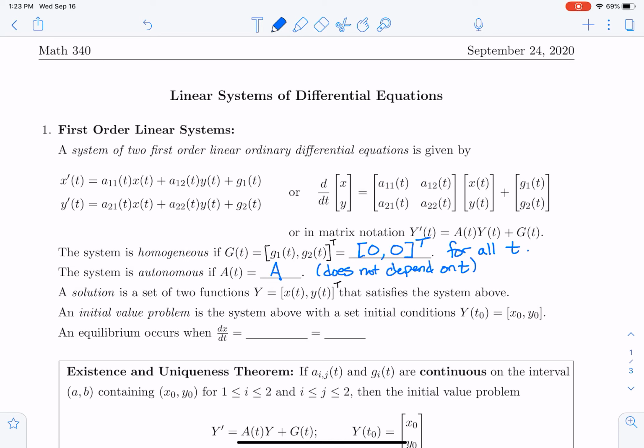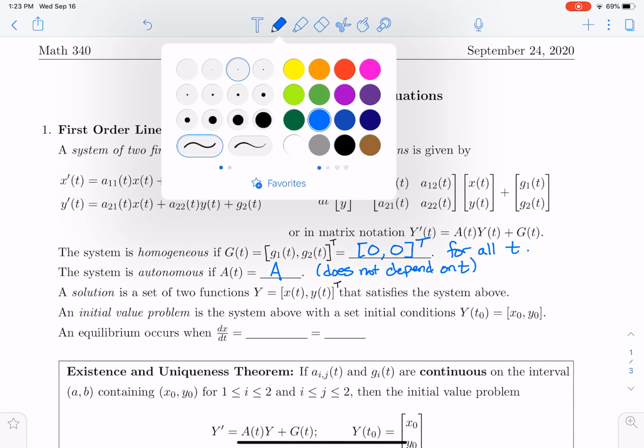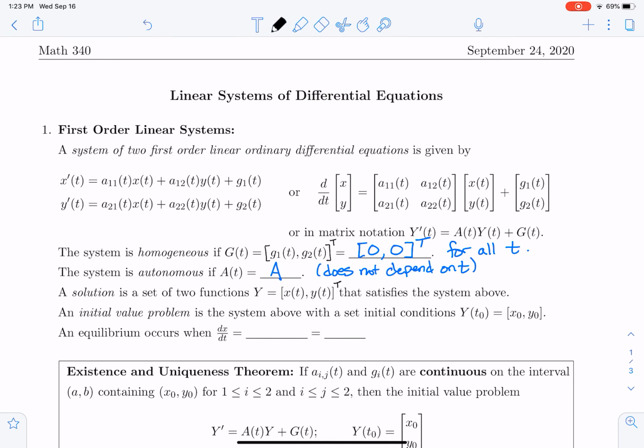Now, an initial value problem is the system above, the differential equations that I've shown above, plus a set of initial conditions, say Y of t0 equals the vector x0, y0. Again, just because normally it's going to be a column vector, I'm going to put a transpose on there.